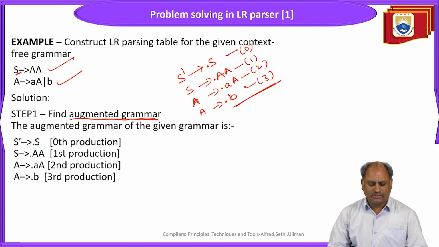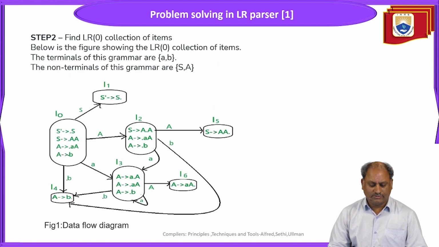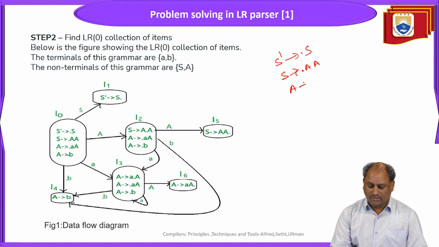This is the step to be implemented first. And the second step: what are the productions to be defined? S dash derives dot S, S derives dot capital A capital A, capital A derives dot small a capital A, and capital A derives dot b.